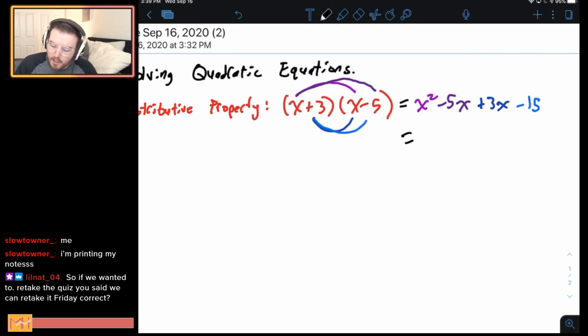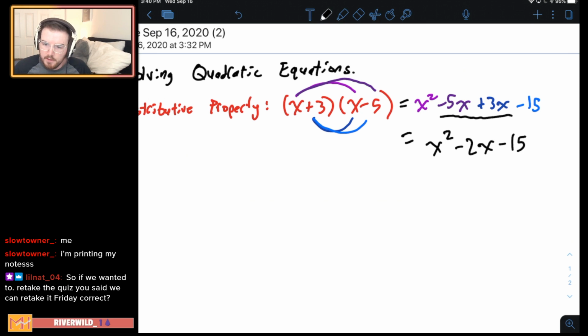We can combine our like terms, negative 5x and 3x, and we're left with x squared minus 2x minus 15.